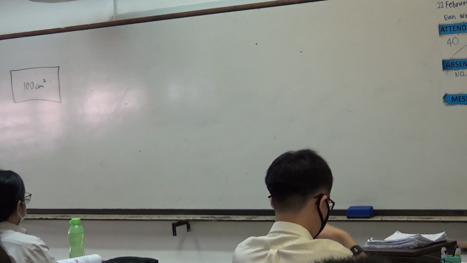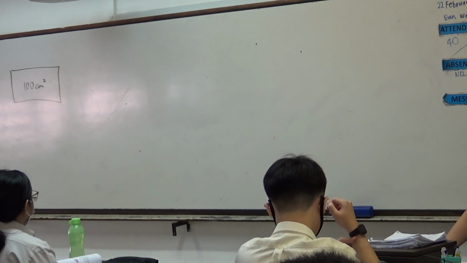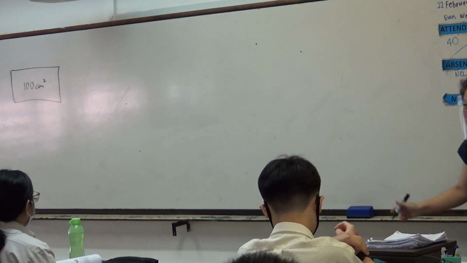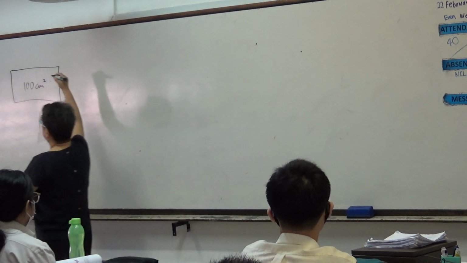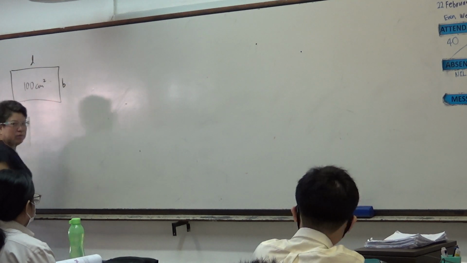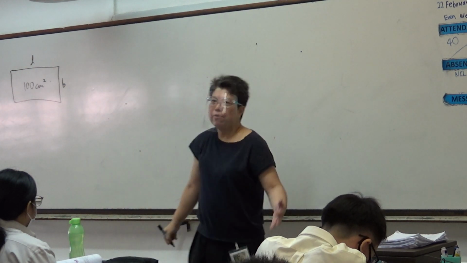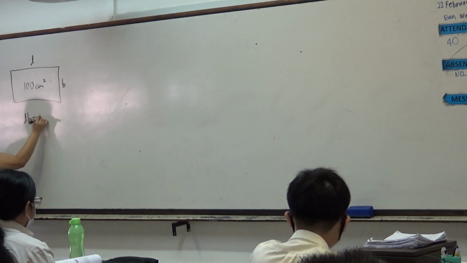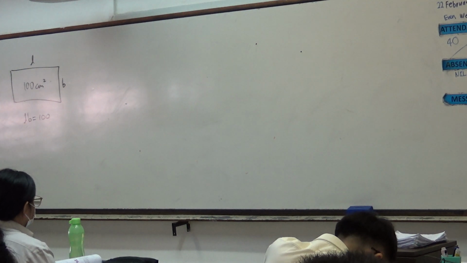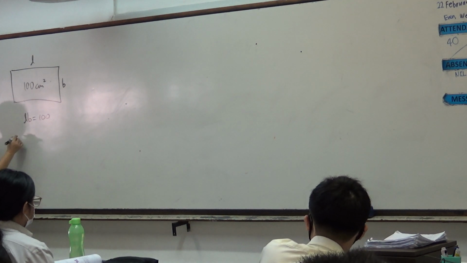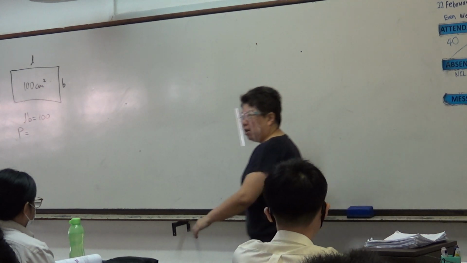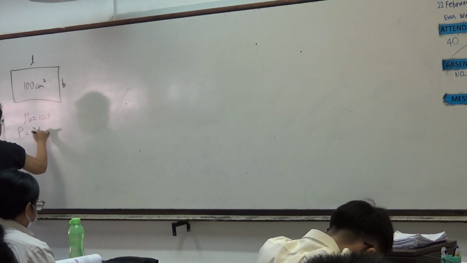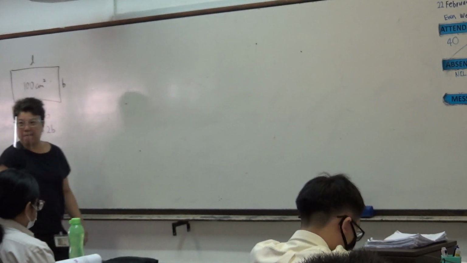Now, let me just do this first. They say find the minimum possible perimeter of a rectangle whose area is 100 cm squared. Now, I let this be length L and I let this be breadth B. Is it okay? Now, first thing, what must you do? L times B is what? I know it's area, so it's 100. Perimeter? What is perimeter? 2L plus 2B.